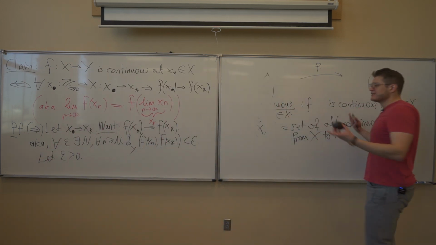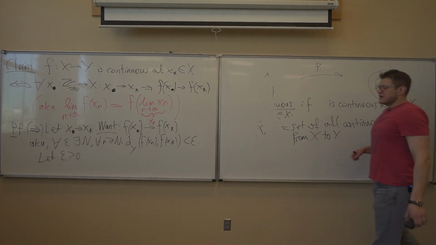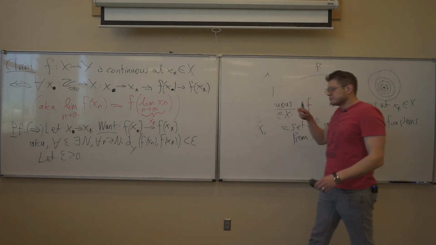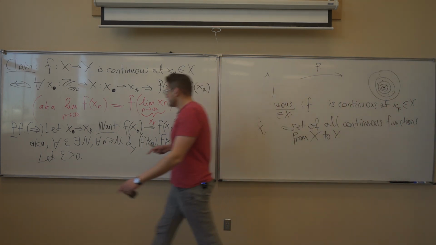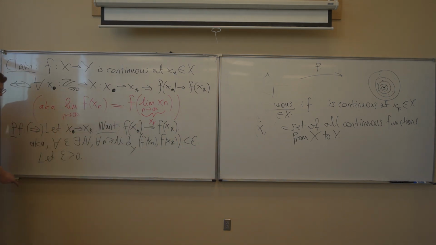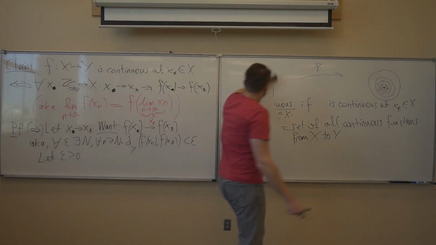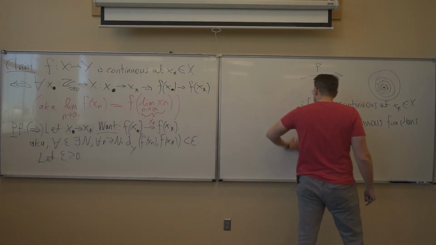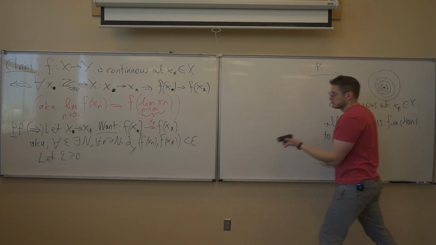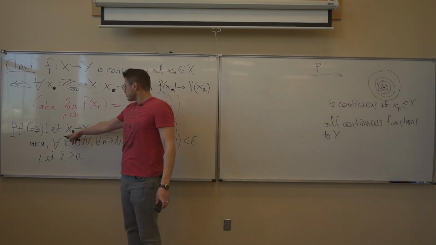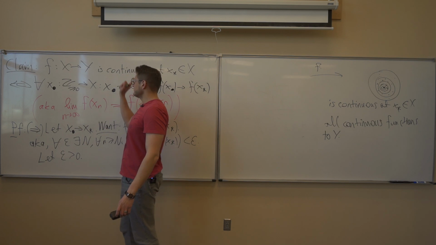See, I'm just unfolding the definitions, and I'm just fixing variables as they come. Okay? So now, at this point, I have two things to use, right? This guy converges to this, and the continuity of f.